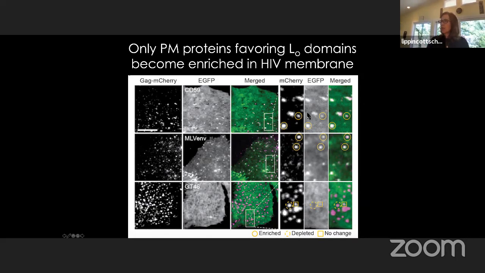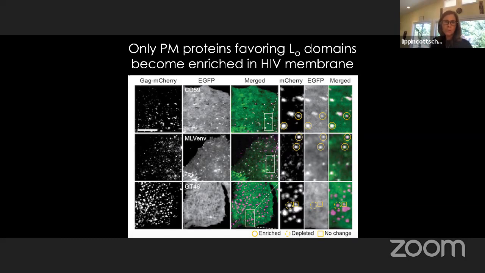Here we've got the GAG probes, and then here's CD59 enrichment in these GAG viral budding sites, as well as the envelope protein enrichment. And we have either no enrichment or exclusion of this disorder preferring probe.